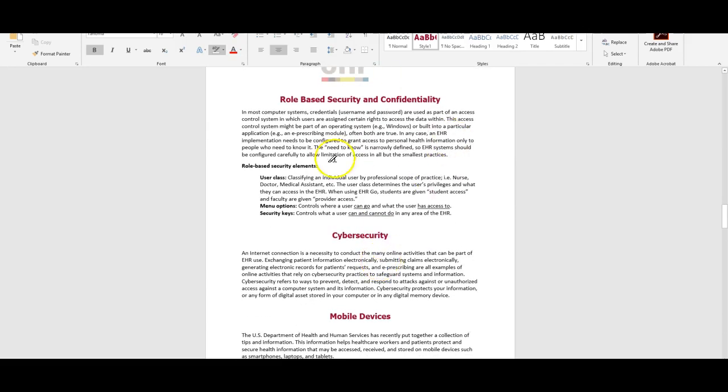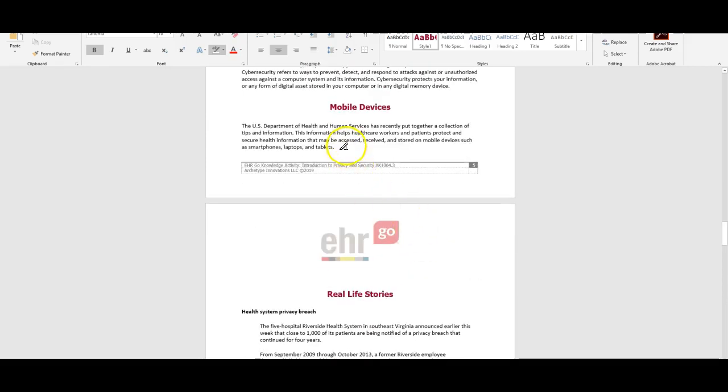And then there's another section with role-based security and confidentiality, cybersecurity, mobile devices. This is a big one now because people are doing more and more things on their phones and also tablets. And so anything that's mobile has to be beefed up in security.